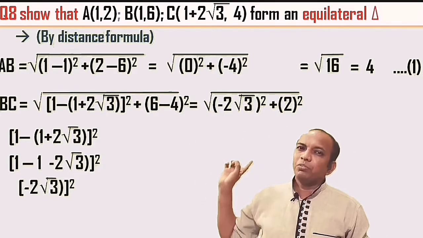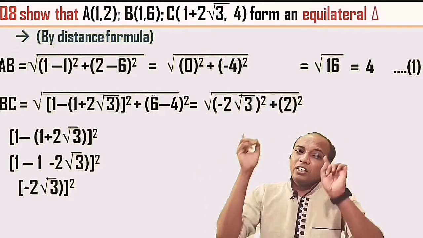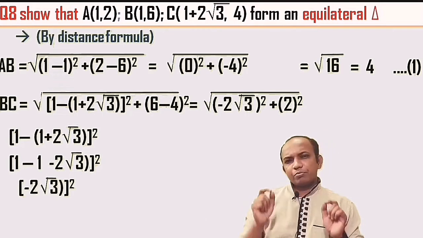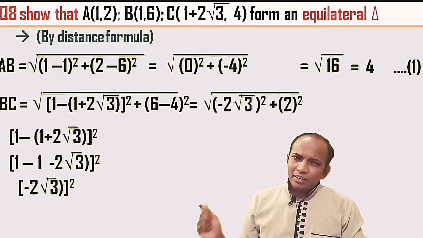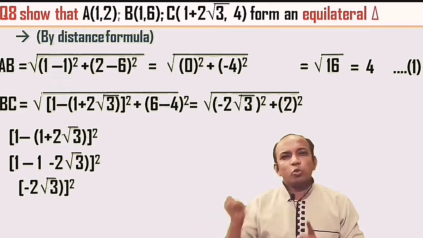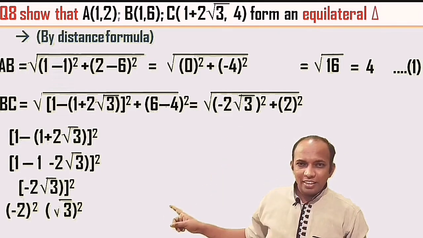Where did we get the second 2? 6 minus 4 is 2, and that is written over there. Now how to find the square of negative 2 root 3 the whole square? For the square we have to square the 2 also, and root 3 also. That results in 2 square, 4.